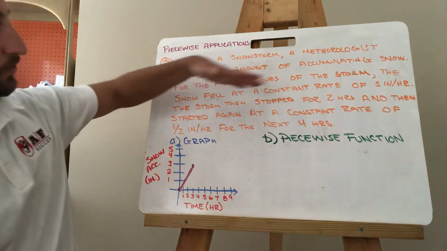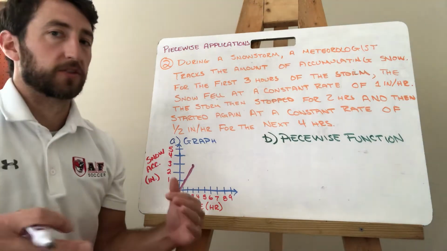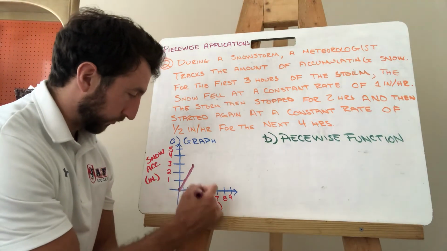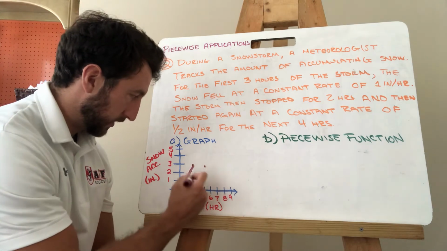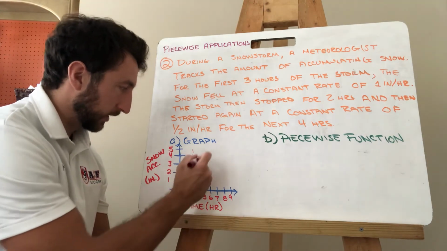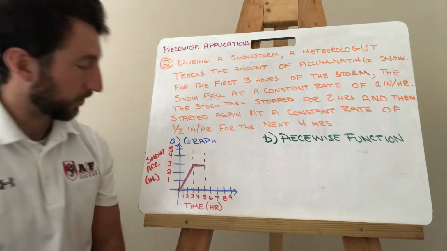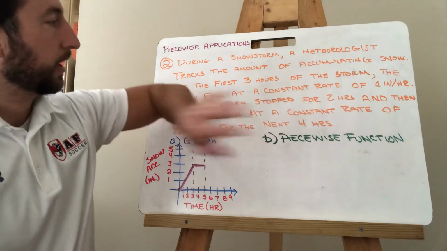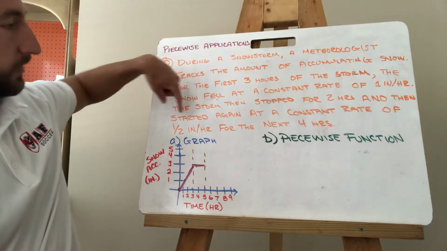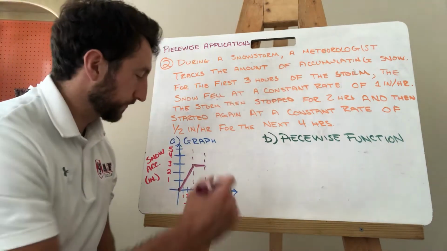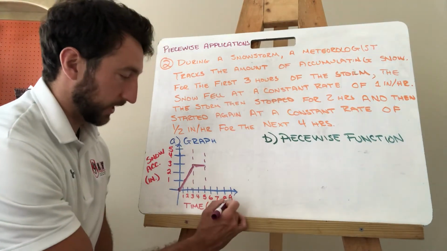Then it says the storm stopped for 2 hours. That means there's no snow accumulation for those 2 hours, so from 3 to 5, there's not going to be anything. So that's 3, and then there's the 5 hour mark. After that, it started again at a constant rate of 0.5 inch for the next 4 hours, so that's 5 to 9.